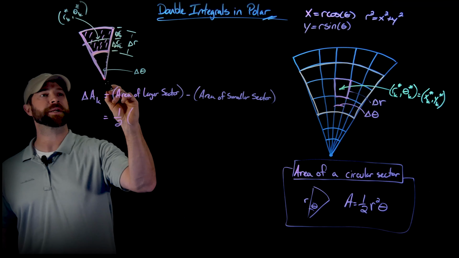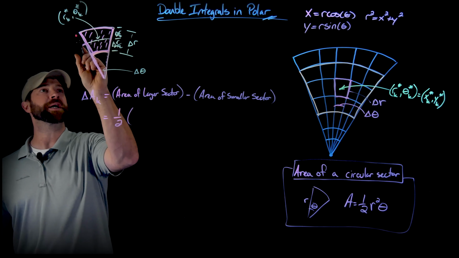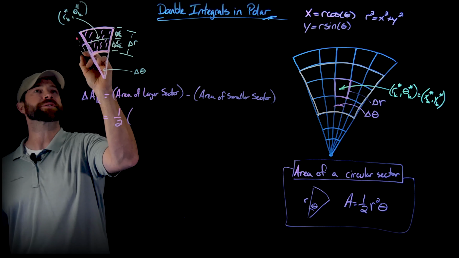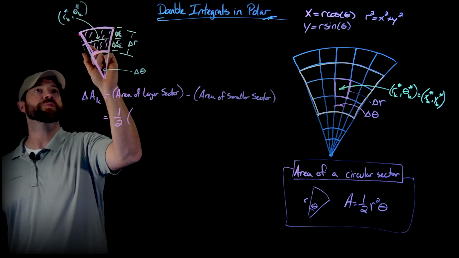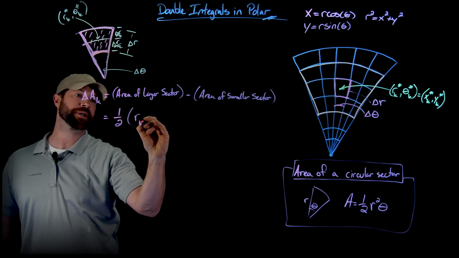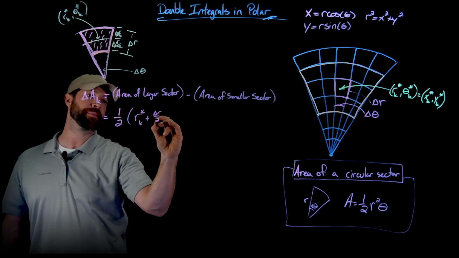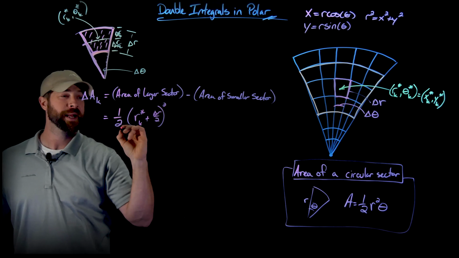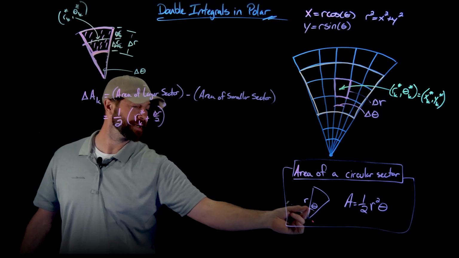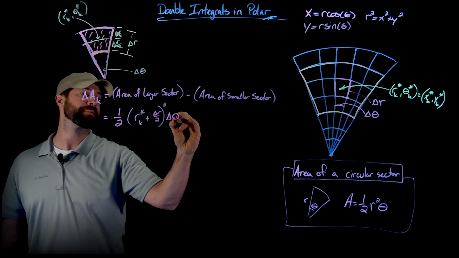The radius here will be this up to here is the r sub k, and then plus this half of the change in the radius, or plus delta r over 2 to get to that full length. So this will look like r sub k star plus delta r divided by 2 squared, and then times the angle, that inner angle right here, but that is simply just delta theta.